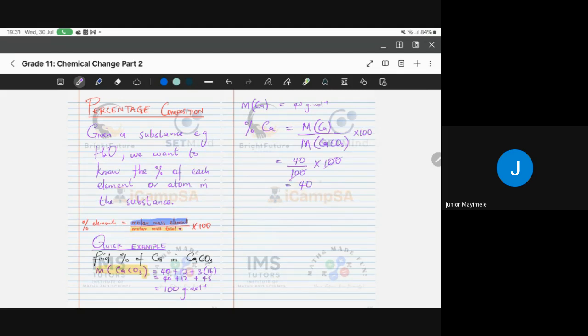This would be 40%. So in a sample of calcium carbonate, 40% of the whole substance is calcium. That means the remaining 60% belongs to both carbon and oxygen. Right. So you'd have to do the same thing to find the percentage of carbon or oxygen. The very same thing.